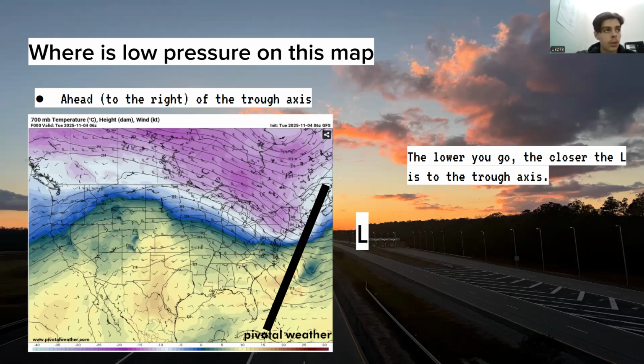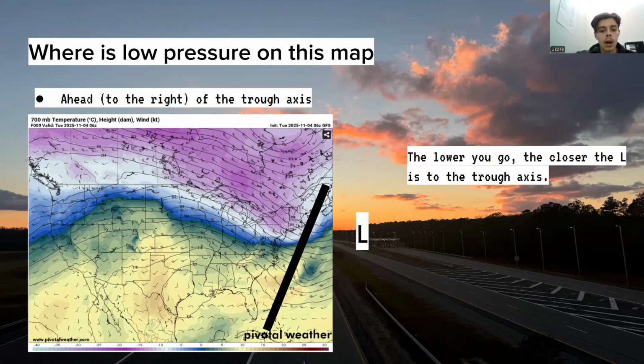The lower you get in the atmosphere, the closer that L is going to be to the trough axis. Once we're at the surface, the L is basically right there. If you remember skew-T log-P, all this stuff is starting to connect. There are relationships between pressure and temperature. They're not just abstractly related.